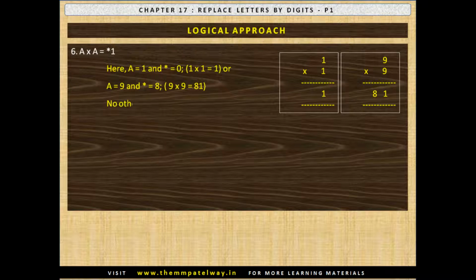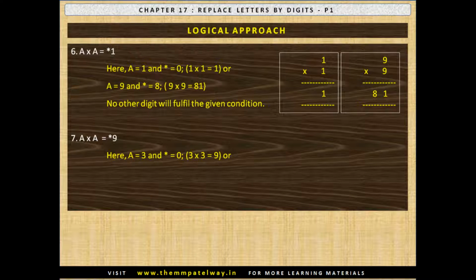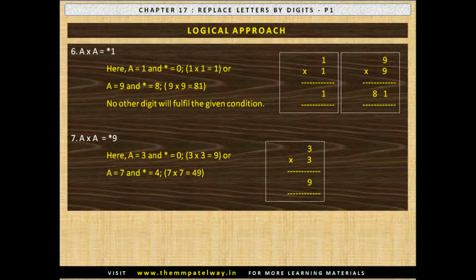Number 7. A into A equals star 9. Here again we will have two possible answers. A equals 3 and in that case star will be equal to 0 because 3 into 3 will be equal to 9. The second possible answer is A equals 7 and in that case star will be equal to 4 because 7 into 7 equals 49.